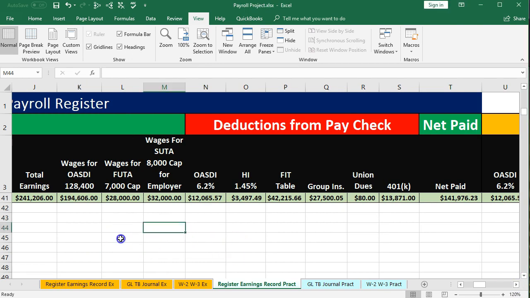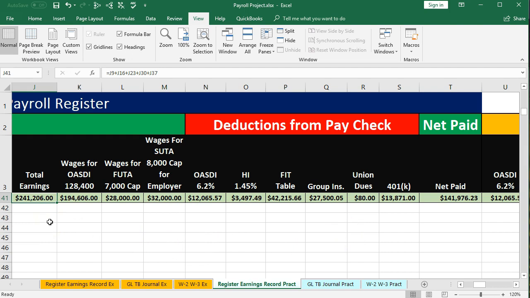So now we're going to pick up the wages. Now note, the wages we're going to pick up as total earnings here. Total earnings, not like we picked up on the 941s, which was total earnings less something like the 401k, or if there was a cafeteria plan. We're just going to be picking up the total earnings.